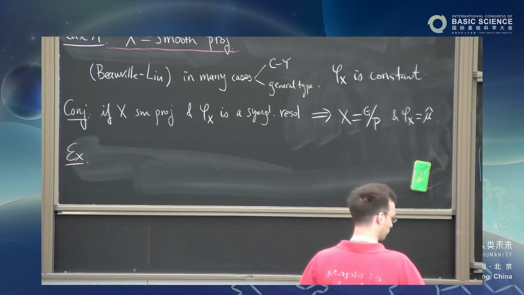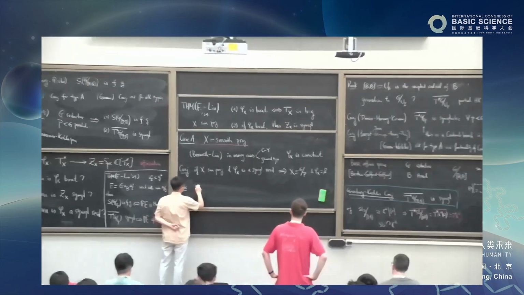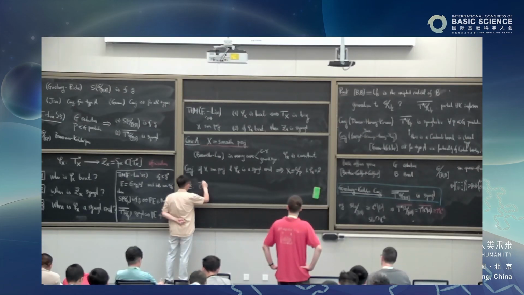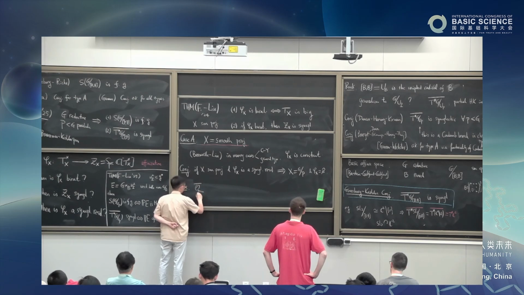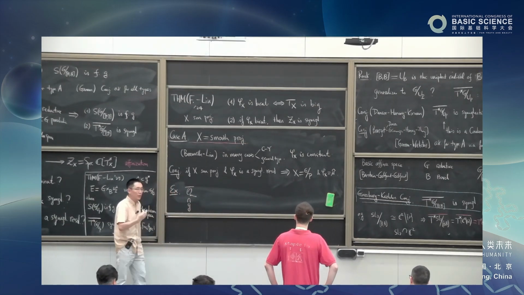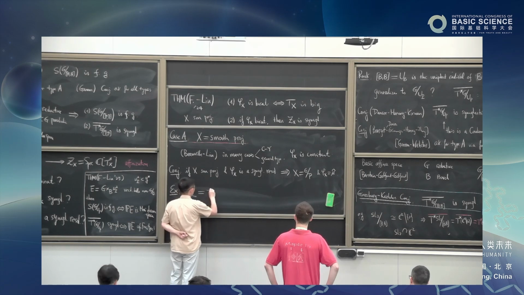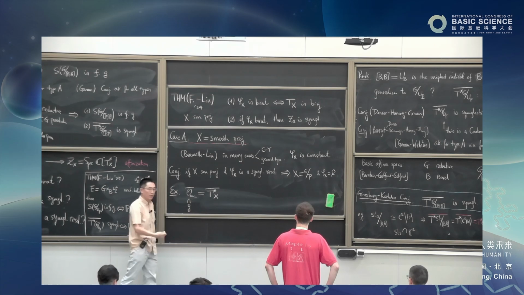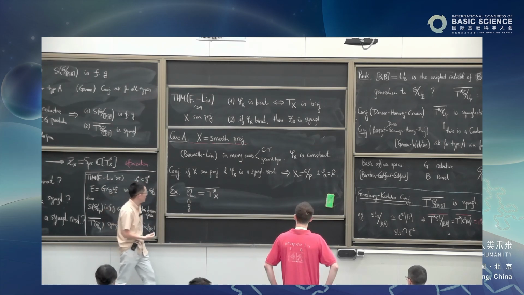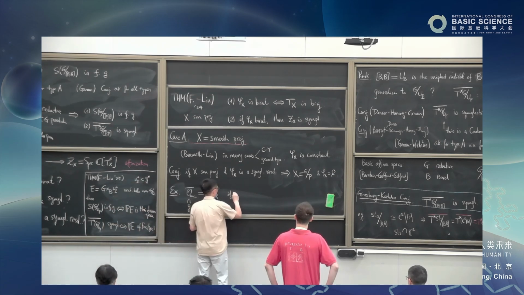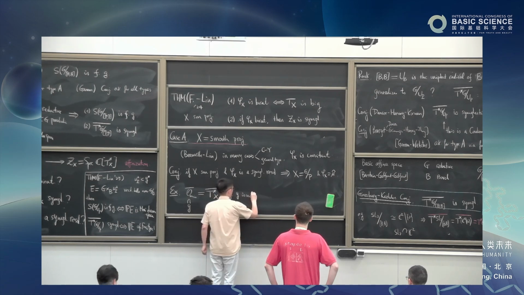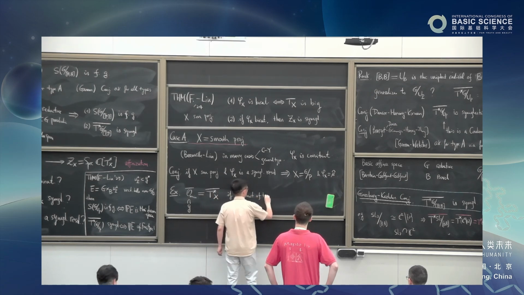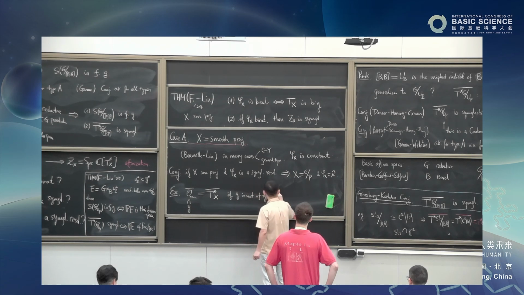Just to give you an idea, if you take the nilpotent cone inside this G, we can realize it as a coordinate ring of some quasi-affine space, as an affine closure of this one, if G is not of type G2, F4, or E8.